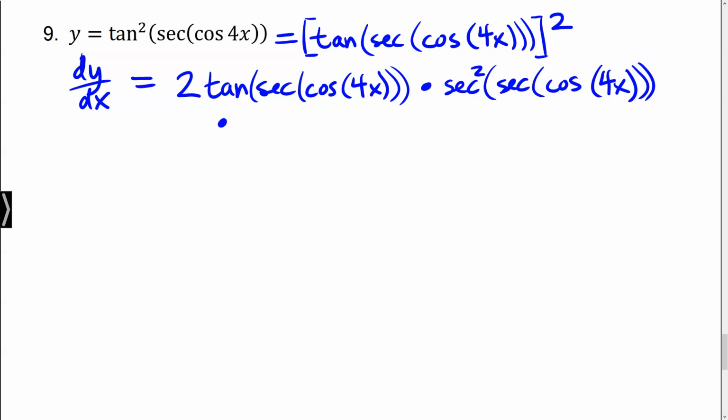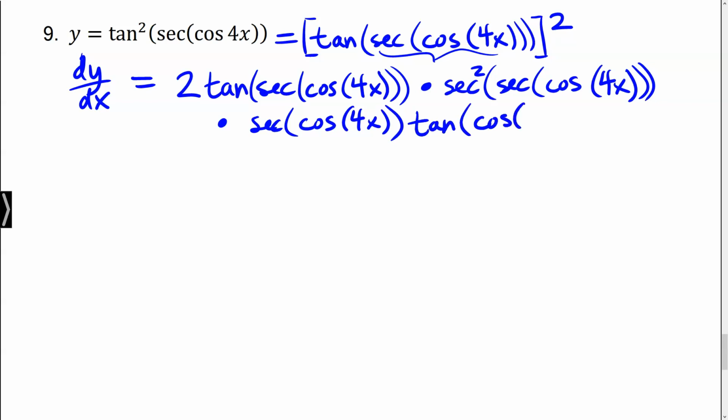Okay, we still have to multiply again. Keep multiplying. But now we're finding the derivative of this stuff. Okay, so secant of cosine of 4x. Derivative of secant is secant times tangent. So we get secant of cosine of 4x times the tangent of cosine of 4x, right? So there's not 2 factors here because I did the chain rule twice.